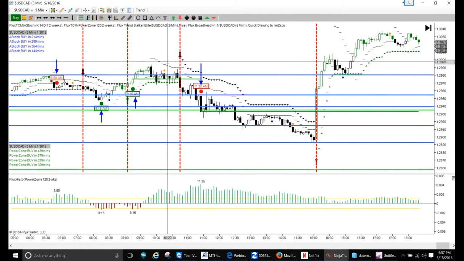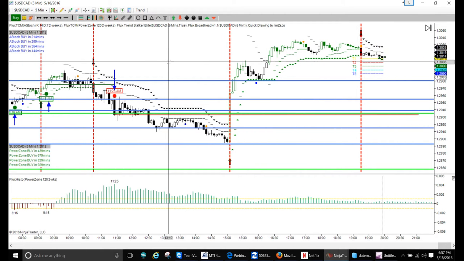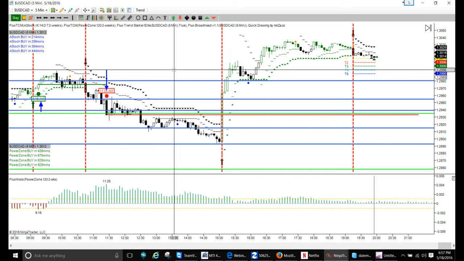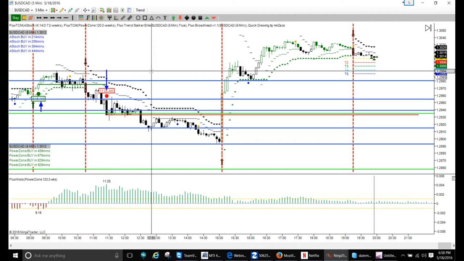I just made huge pips on the Great British Pound JPY. And I also traded 2 today. I only traded the Great British Pound New Zealand dollar, the Great British Pound JPY, the US dollar Canadian.